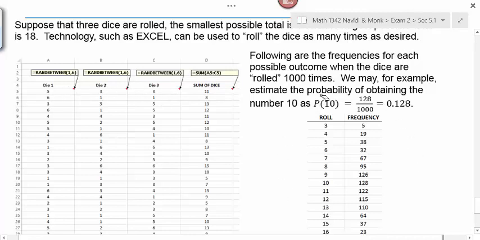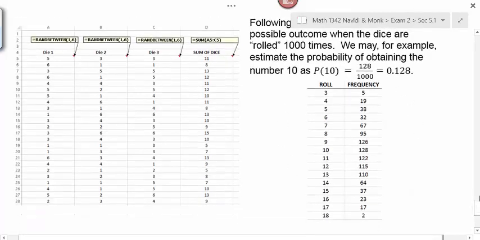This frequency table then summarizes the results for 1,000 rolls. If I wanted to know the probability of rolling a sum of 10 from this simulation, I would go down to my frequency table. I would look and see that the roll of 10 occurred 128 out of 1,000 rolls. Well, 128 divided by 1,000 is 0.128. So we would say the probability of rolling 3 dice and getting a total of 10 is 0.128.